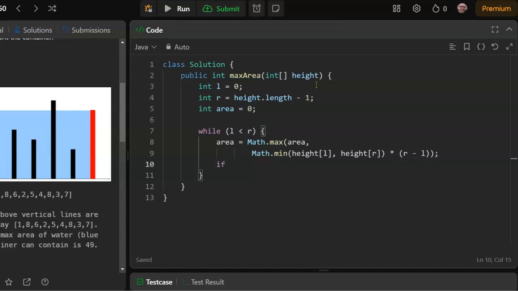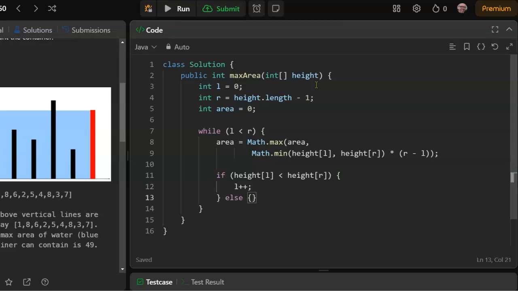We've got to adjust the pointers. Let me see. If height L is less than height R, then, okay, so if the line on the left is smaller, then increment the left pointer.